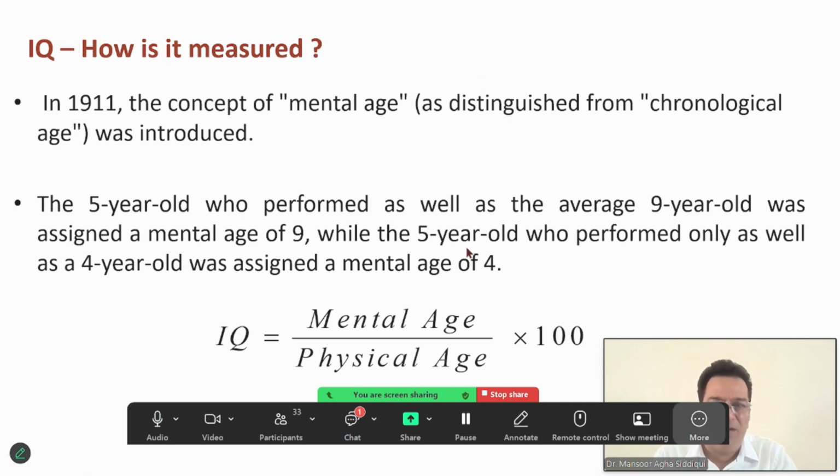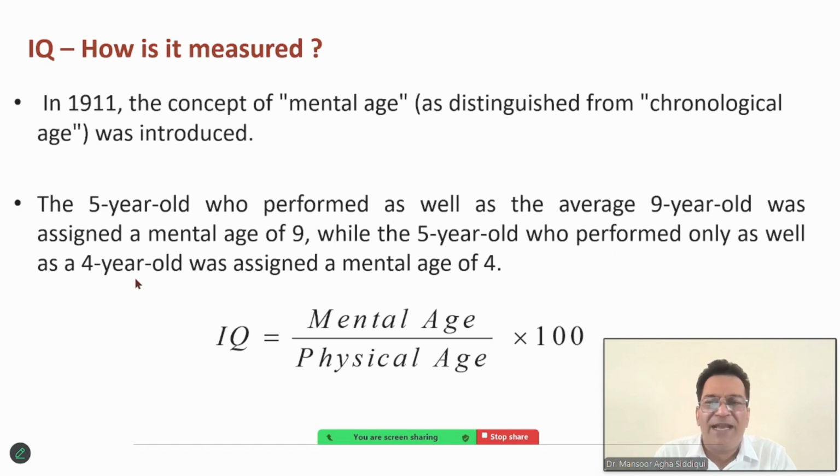If there was a 5-year-old who behaved like a 4-year-old, then that person was given a mental age of 4. So for the first person who had a mental age of 9, 9 upon 5 multiplied by 100 was that person's IQ. This was how IQ is measured.